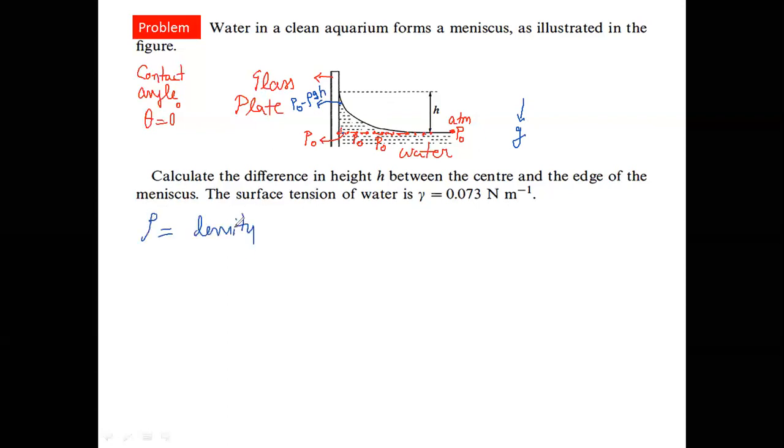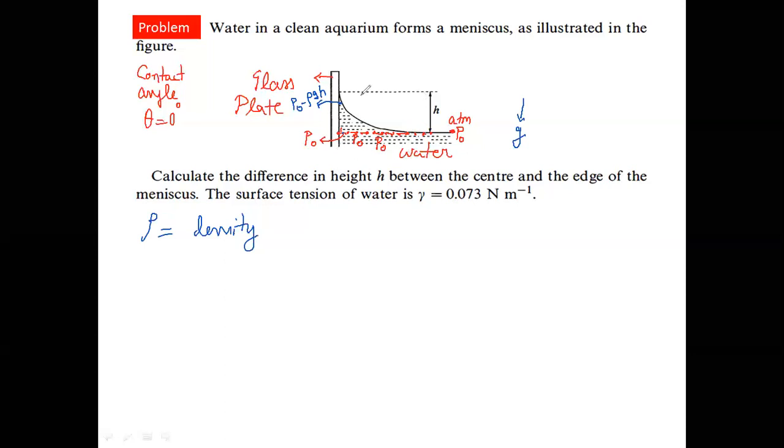Notice that I have used a negative sign. The reason is that we are going upward, against gravity, and pressure will decrease in the upward direction. Therefore, it should be P naught minus rho g h.